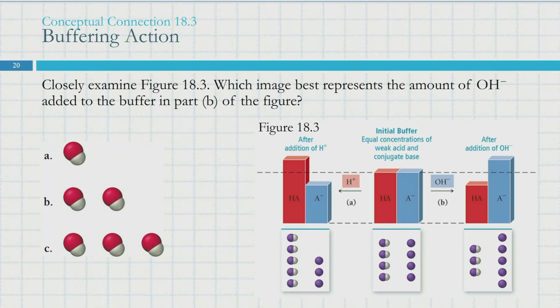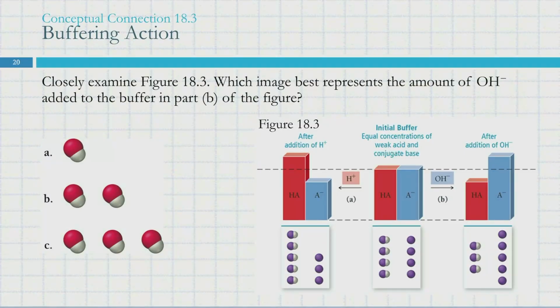All right, looking at that figure again, which of the images over here on the left, A, B, or C, best represents the amount of hydroxide added in part B? So when we're adding the hydroxide, how much hydroxide did we add?